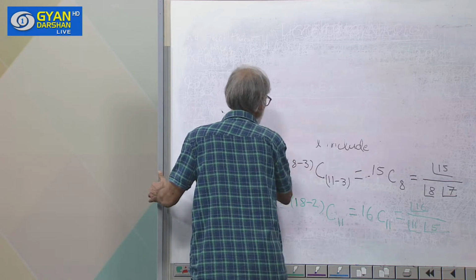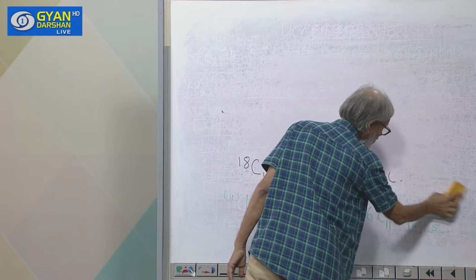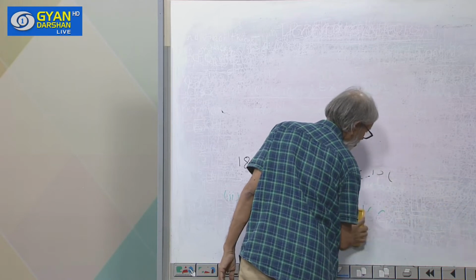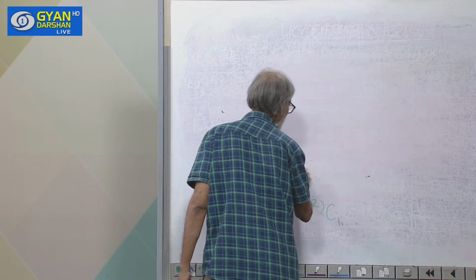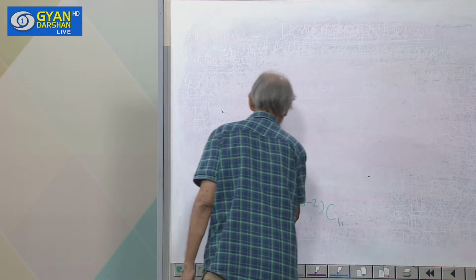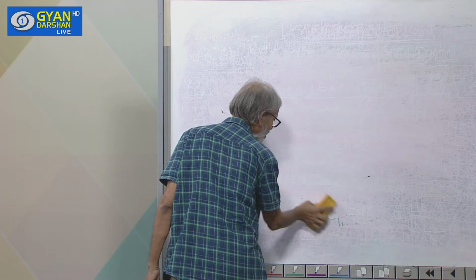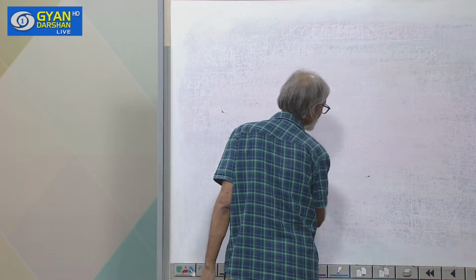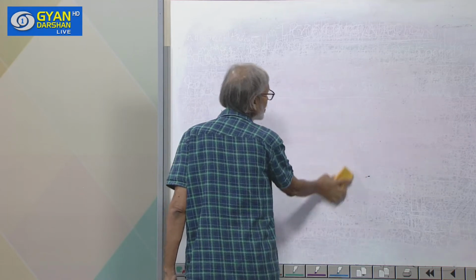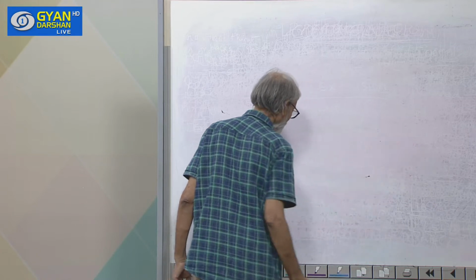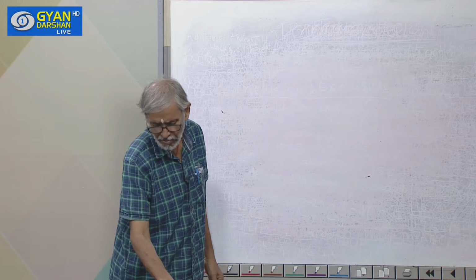Binomial: you may already be knowing that if there are 2 terms in an expression, we call it binomial. If only one term is there, that is monomial, and if 3 terms are there, we call it trinomial, and if there are many terms, then polynomial.